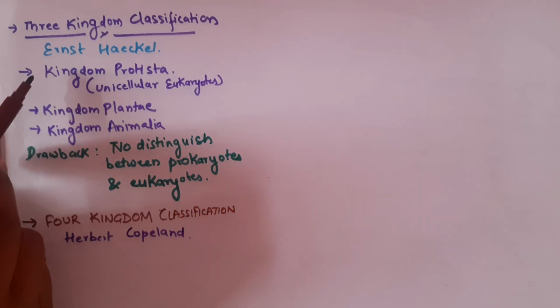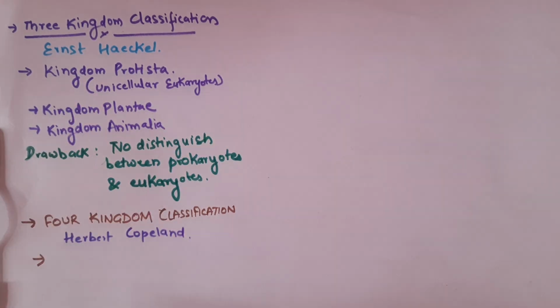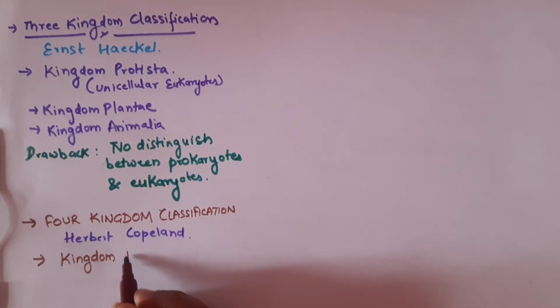So these are the three kingdoms now existing. He added one more kingdom, the kingdom Monera, to include prokaryotes. Students, so now what do we have?